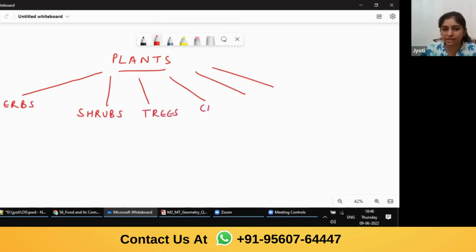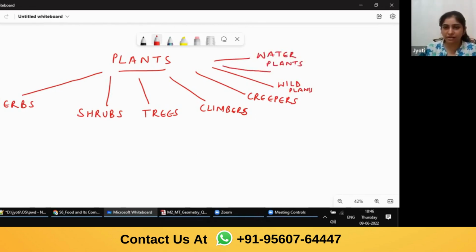Number four is climbers. Number five is creepers. Number six is wild plants. Number seven is water plants. And number eight is grasses.